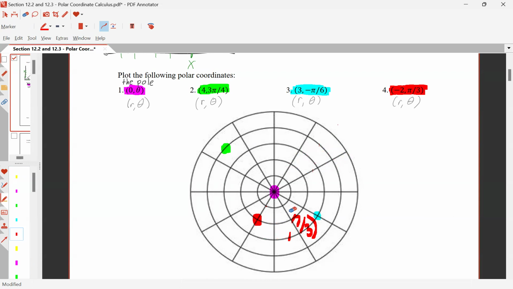Now, you might note the fact that there's other ways to talk about these angles, and absolutely there are. So focusing on this 3 comma negative pi over 6, I'm going to look at some other ways we could write that.